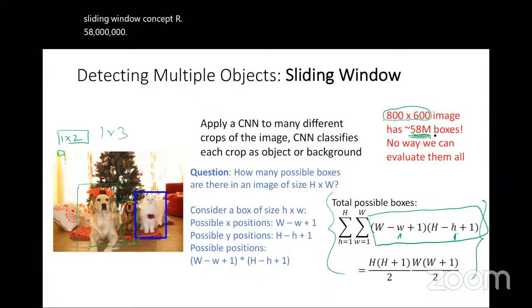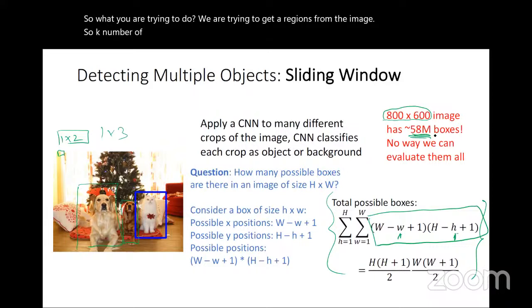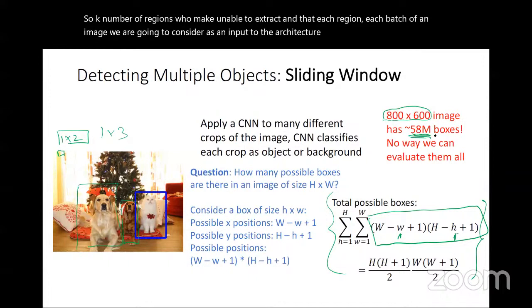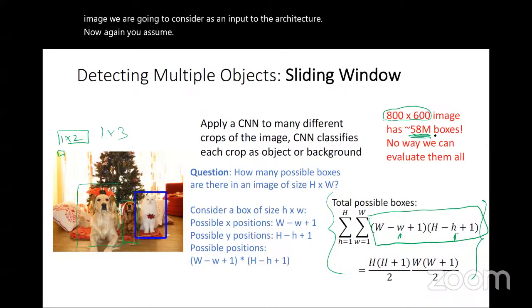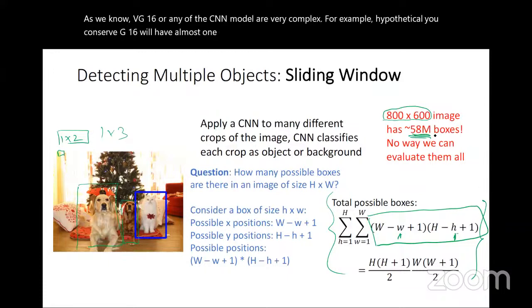So what we are trying to do is get regions from the image. So k number of regions we are able to extract, and each region, each patch of an image, we are going to consider as an input to the architecture. Now again, as we know, VGG16 or any of the CNN models are very complex. For example, hypothetically, VGG16 has almost 134 million parameters.